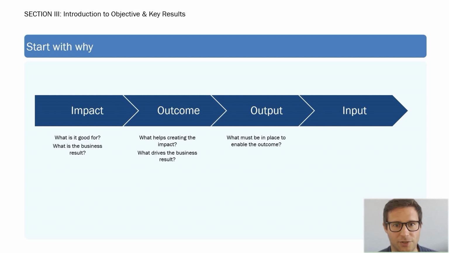Answering the question, what must be in place to enable the outcome, is a tangible way to describe what deliverables must be in place. In our scenario, this could mean, for example, that we are launching 10 new machine learning products this year.